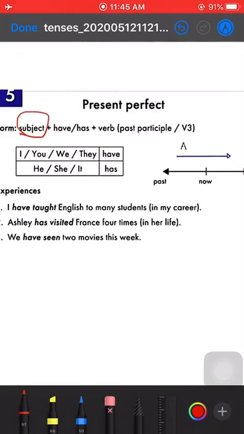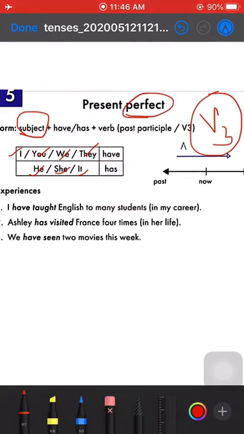Subject could be I, you, we, they, he, she, it, plus has, have, plus verb third form. Now remember this thing, इसे cram कर लो, memorize कर लो अच्छे से, that either present perfect, past perfect or future perfect.